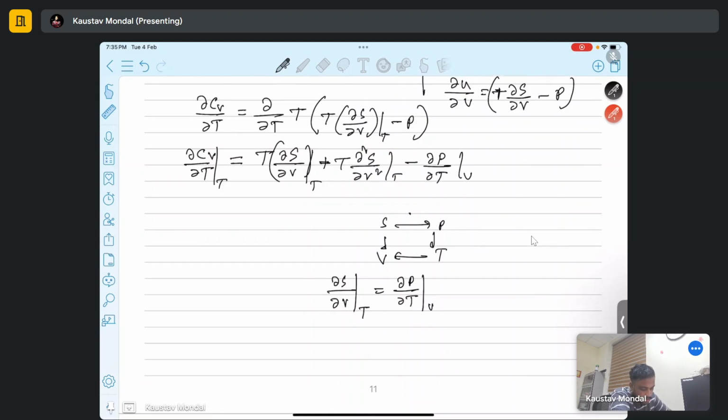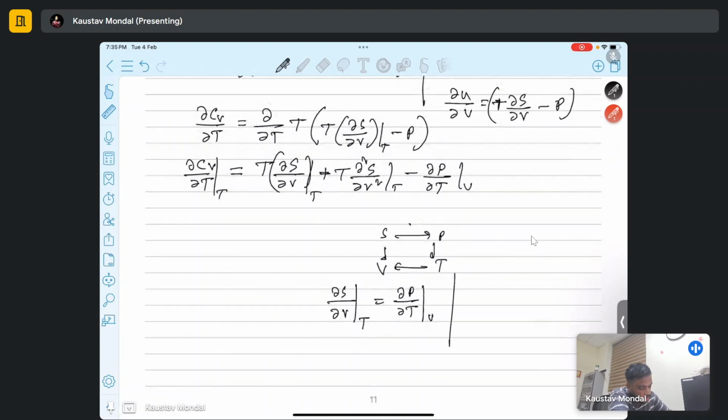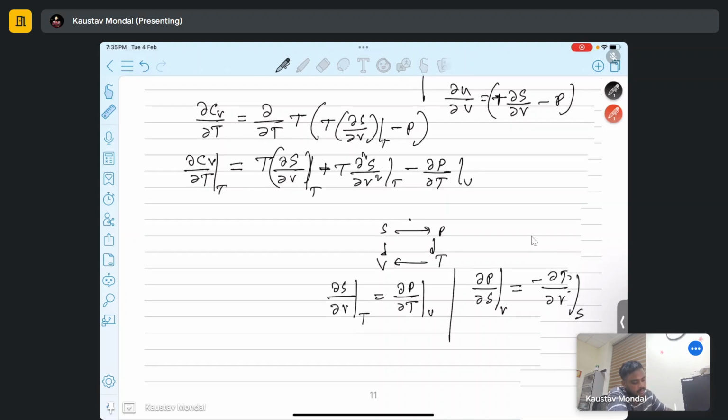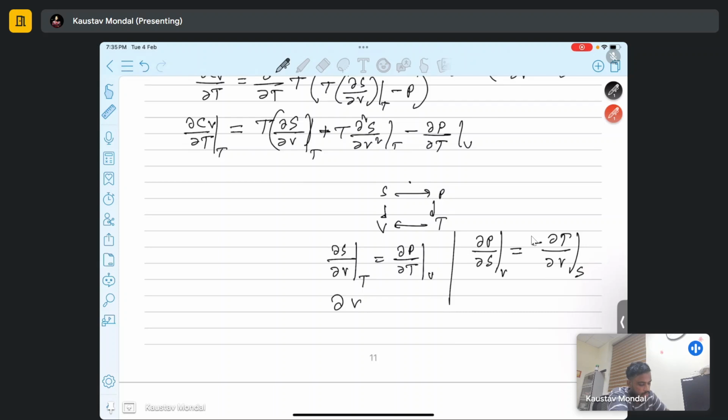Similarly, another is del P del S at constant volume, which will be equal to minus del T del V at constant S. Similarly, del V del S at constant temperature will be del P del T at constant S. Similarly, del S del P at constant temperature will be equal to minus del V del T at constant pressure.